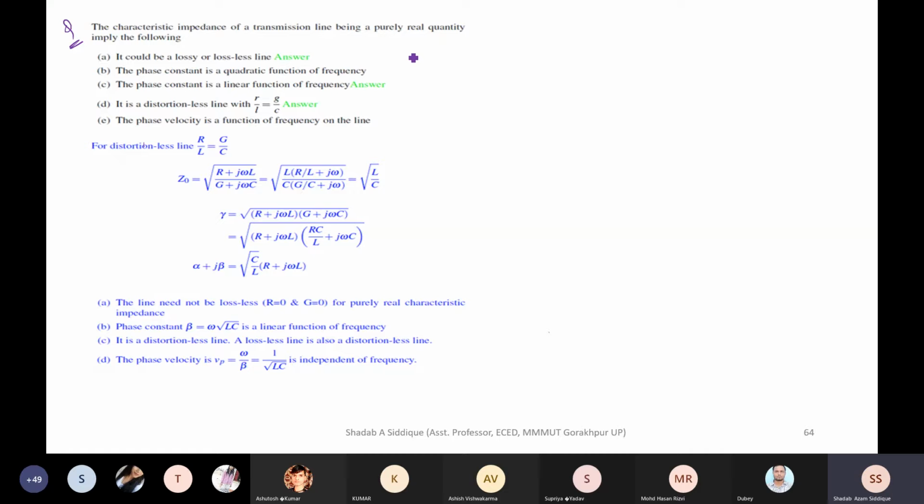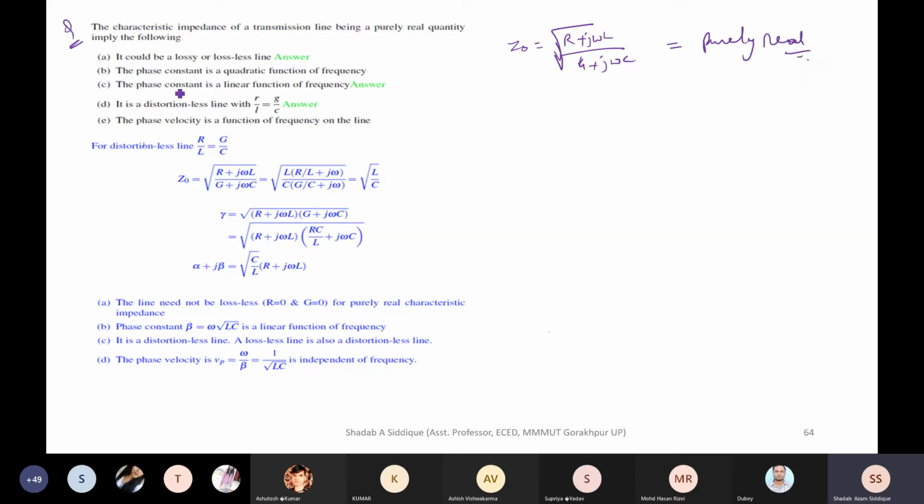Don't go through the distortionless line; just use Z0 is equal to the square root of R plus J omega L divided by G plus J omega C, which we know. So the characteristic impedance should be purely real.